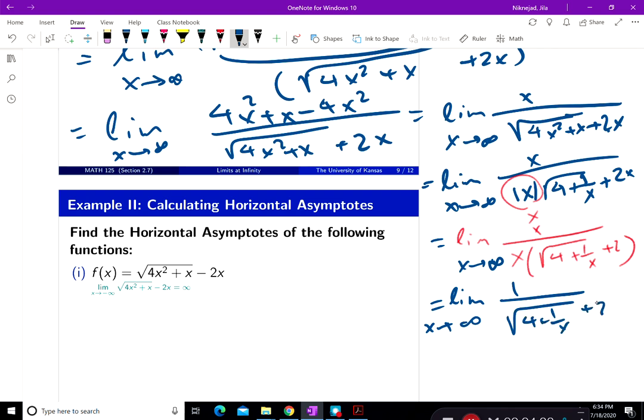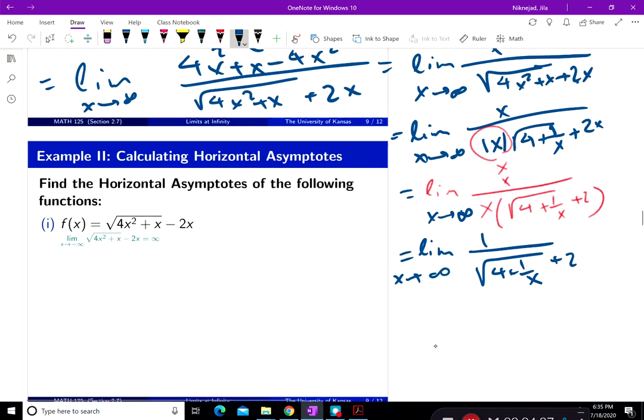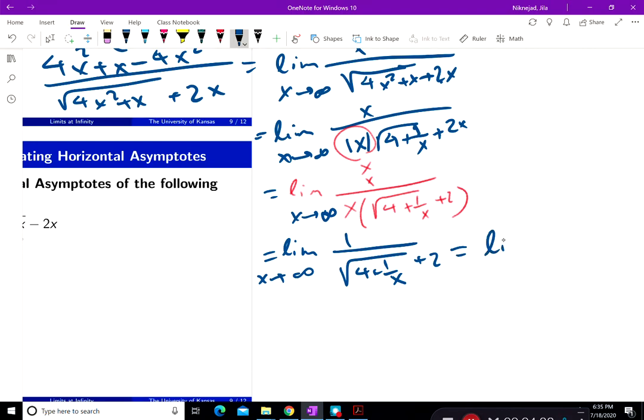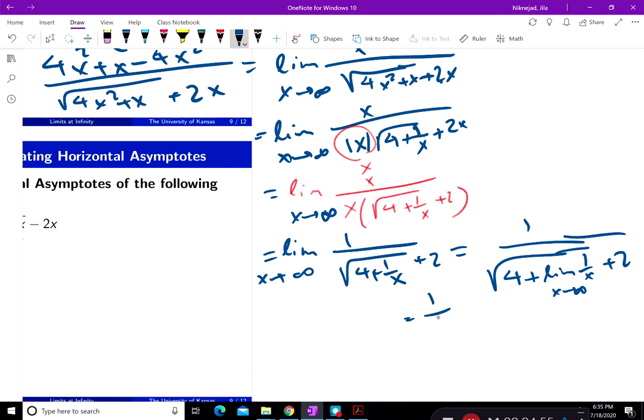If I bring the limit in, it's 1 over square root of 4 plus limit as x goes to infinity of 1 over x plus limit of 2 is 2, and so we end up at 1 over 4.